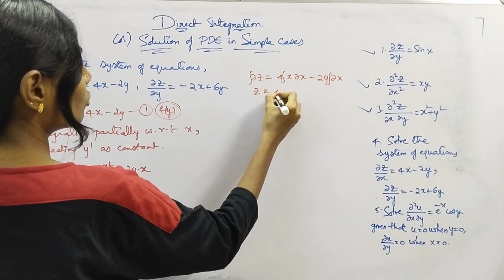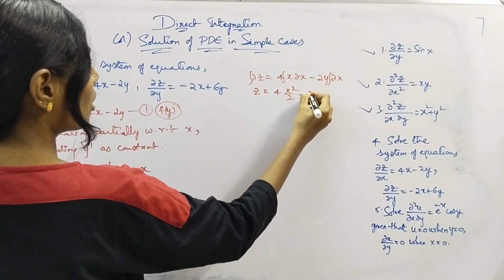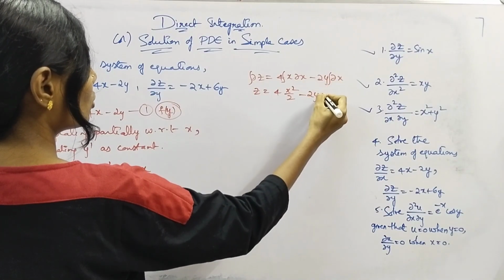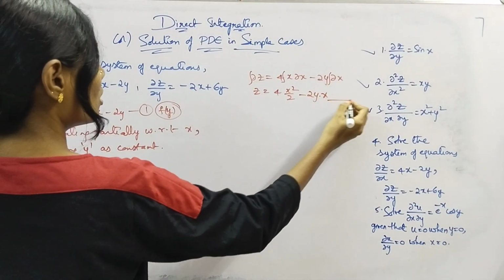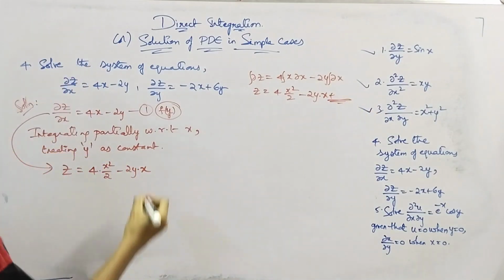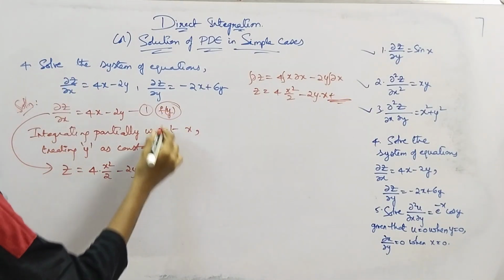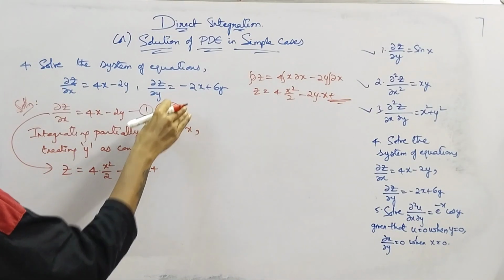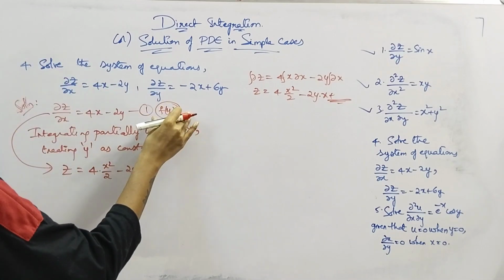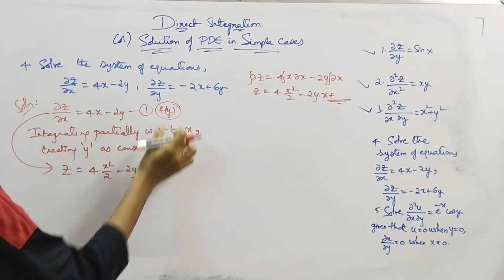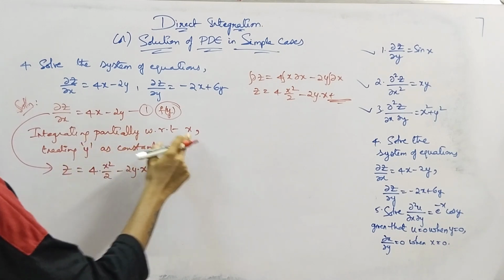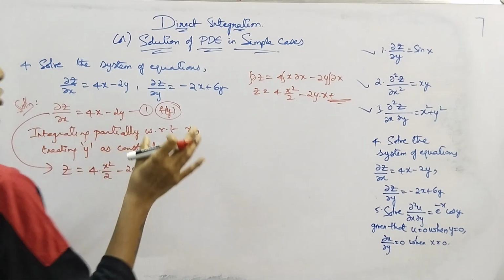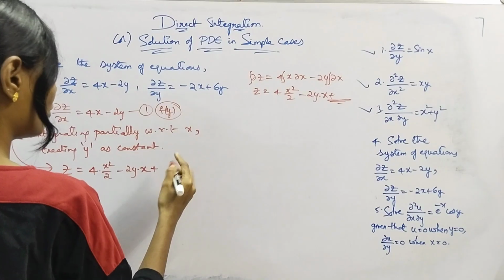We'll get z equal to 4x square by 2 minus 2y into integral dou x is x, so this is what you have, x here, plus constant of integration. Already we have discussed, right? We are going to write f of x. So I did my mind calculation here and I wrote f of x. Since we are integrating partially with respect to x, we'll treat y as constant. So the constant of integration will be f of y.